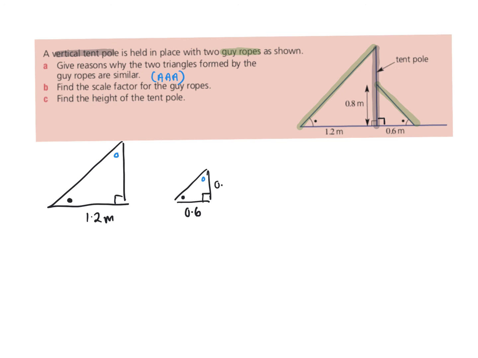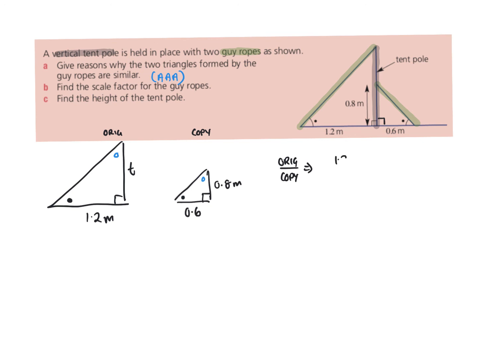All right, now we also know this little length. They've given us the 0.8 meters, and it's saying find the height of the tent pole. So this is the tent pole. I'll just call it T. Okay, so you can actually do it like what you were doing yesterday. Say we called this one the original and this the copy. Remember, as long as you get the same side. I said just do original over copy. If they're similar, their ratios should equal each other.